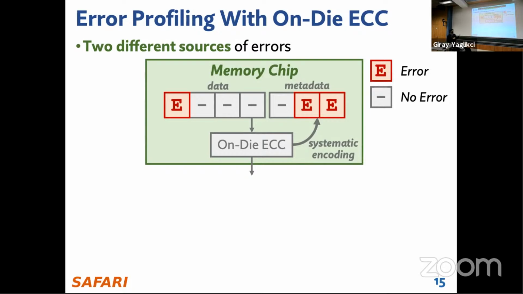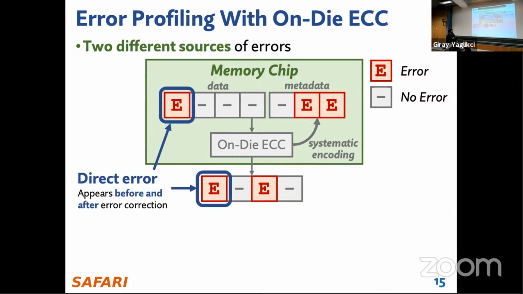When we write the data, it's written exactly as is, and the metadata bits are just appended. This is a very reasonable assumption for actual devices because it reduces energy consumption, provides debugging capability, and is typically what people do.